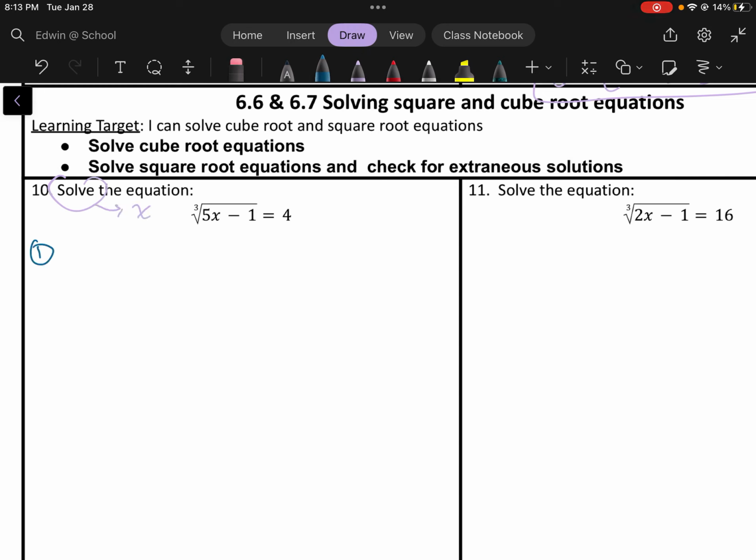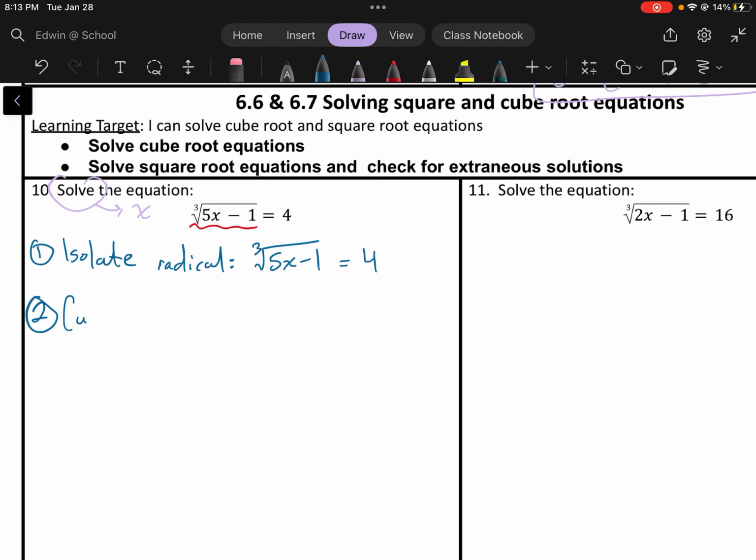Step number 1, we need to isolate the radical. And what that means is we have this radical right here and we want it by itself. And in this case, we do have it by itself, but we might have a times 5 or a plus 8 in another question, so it's good to make sure we check for this step.